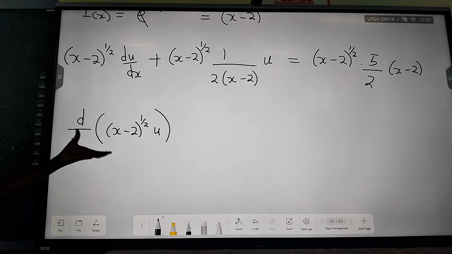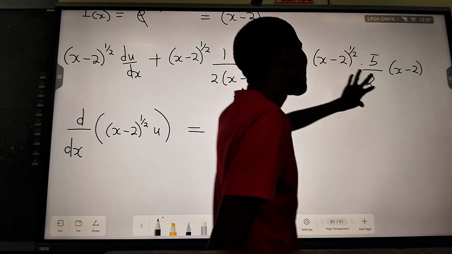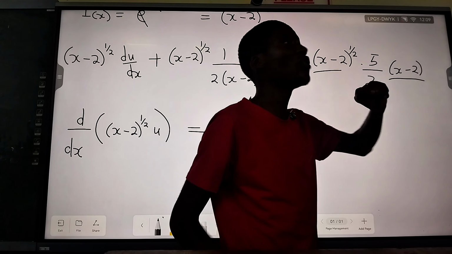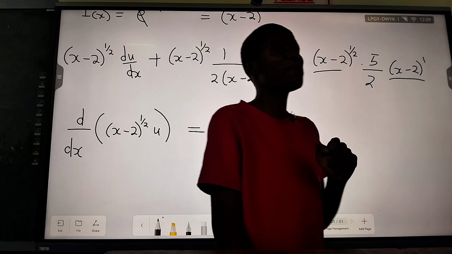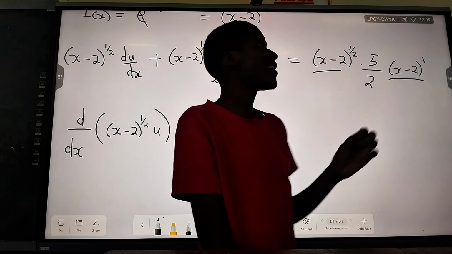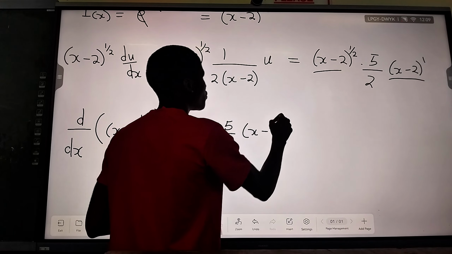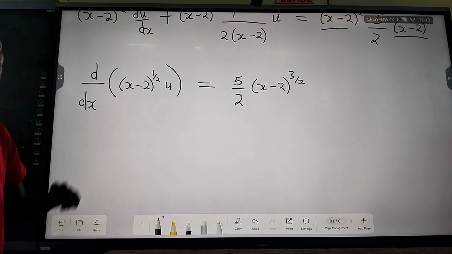If you differentiate this with respect to x, it gives exactly that. As we simplify, these are like terms: x minus 2 to the power half and x minus 2 to the power of 1. Since the bases are the same, we subtract the exponents. So this gives me 5 over 2 times (x minus 2) to the power of 3 over 2.